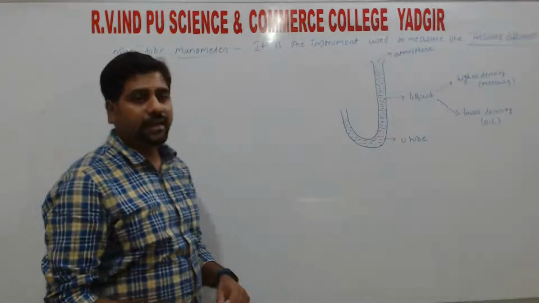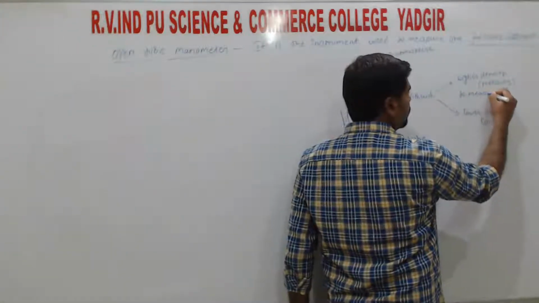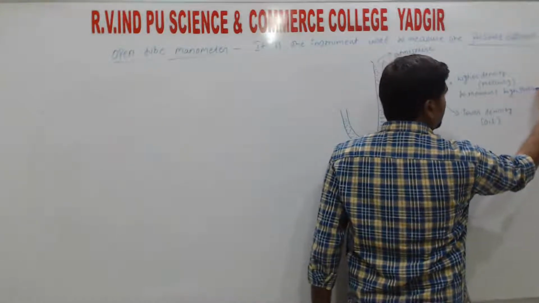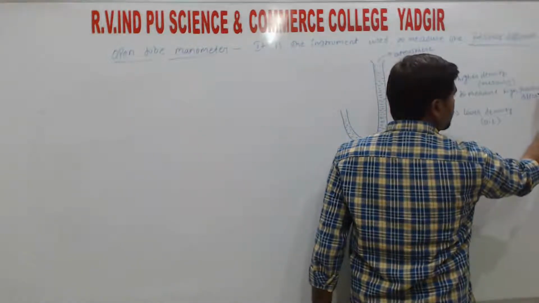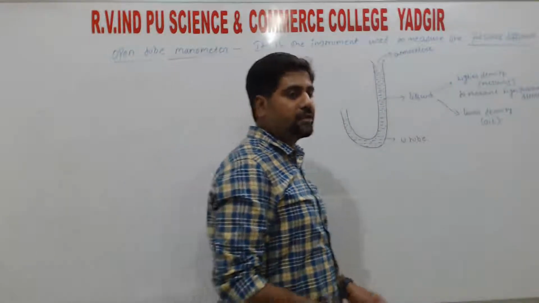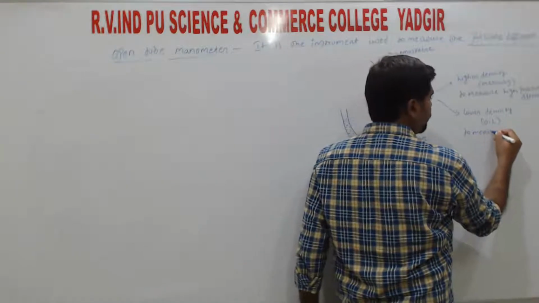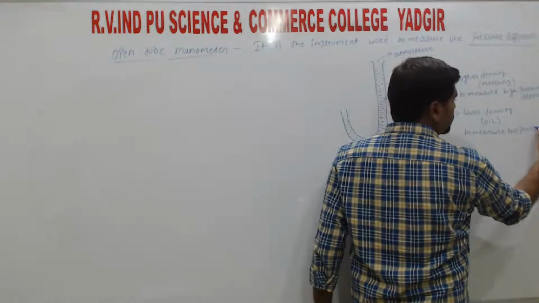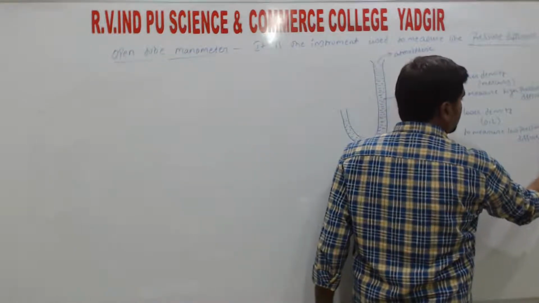Higher density liquids we use to measure high pressure difference. To measure bigger values of pressure difference, we use high density liquids. Low density liquids are used to measure low pressure difference, right?